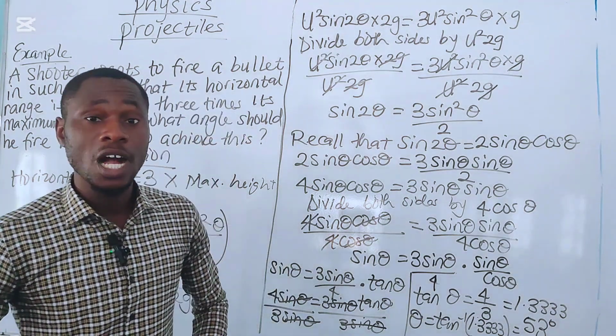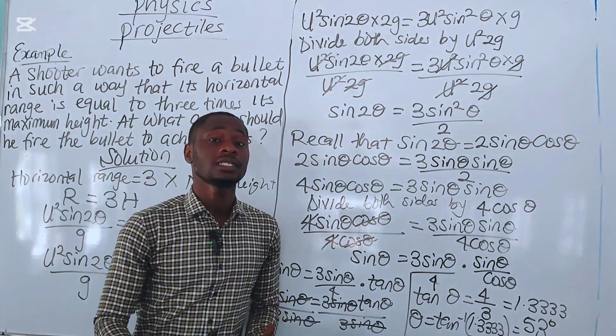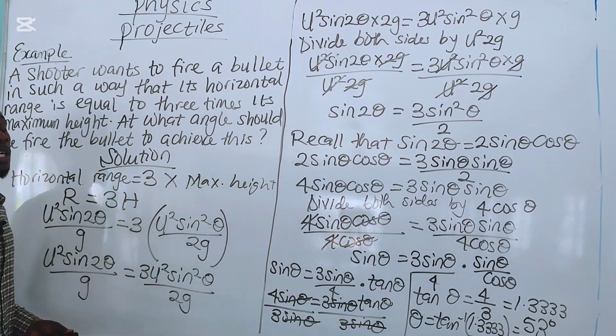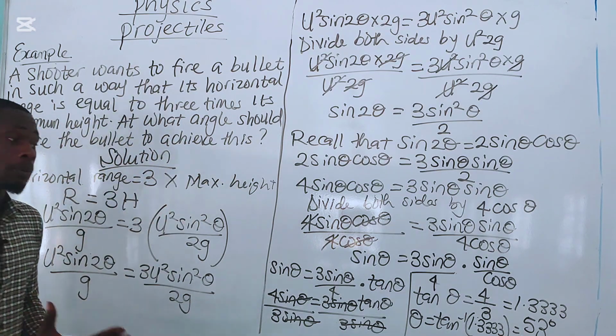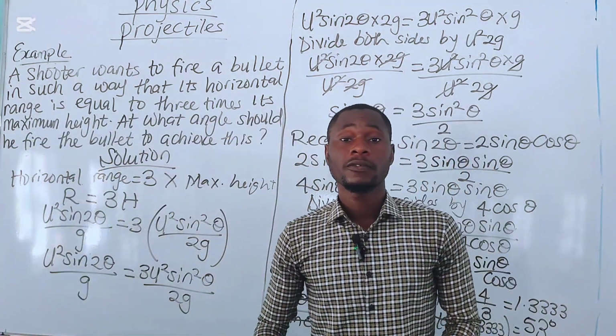So the angle at which the shooter needs to project the bullet for the range to be 3 times the maximum height must be approximately 53 degrees.